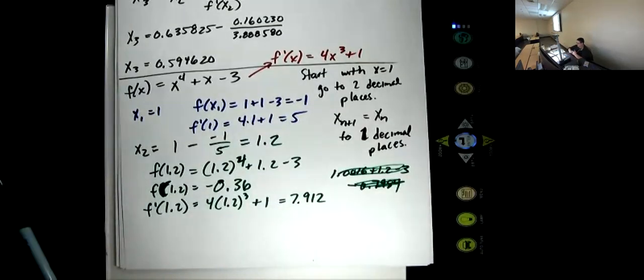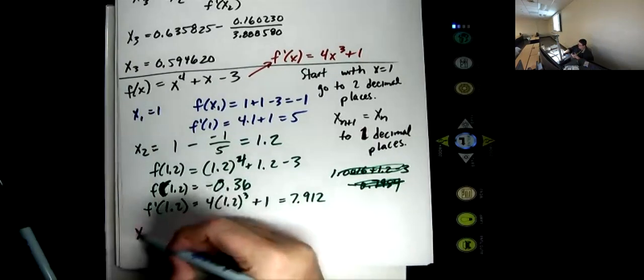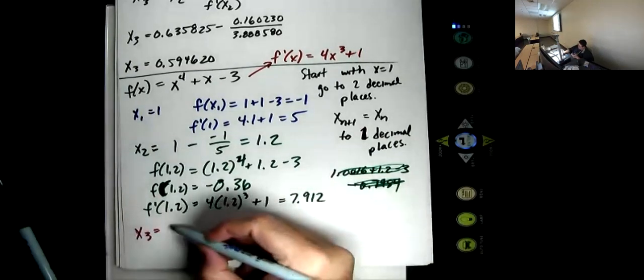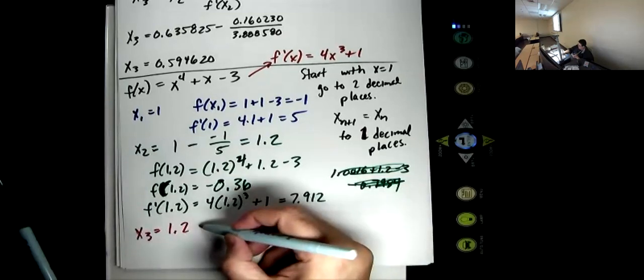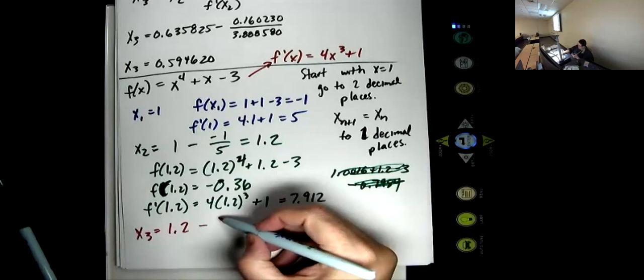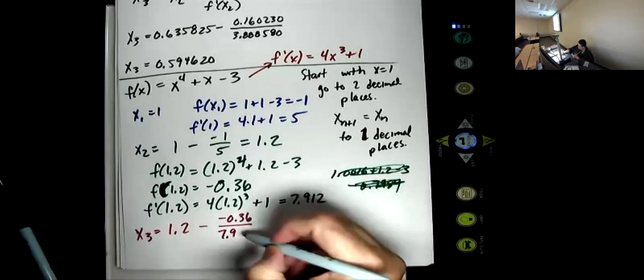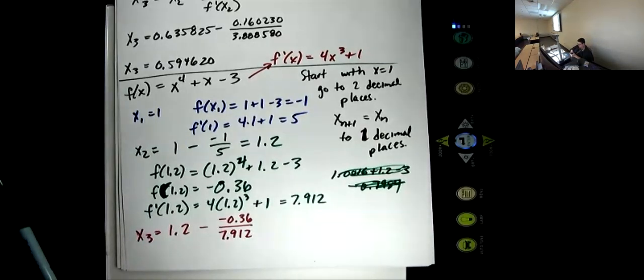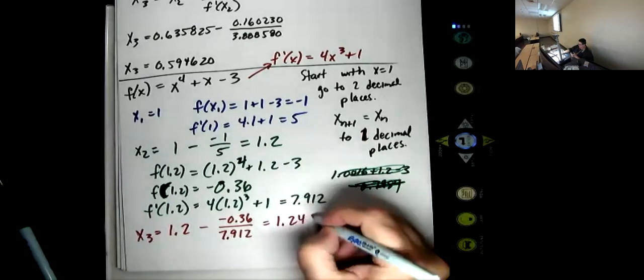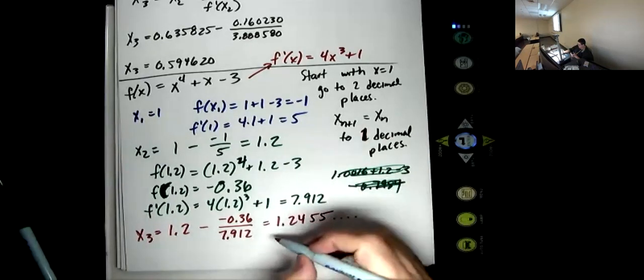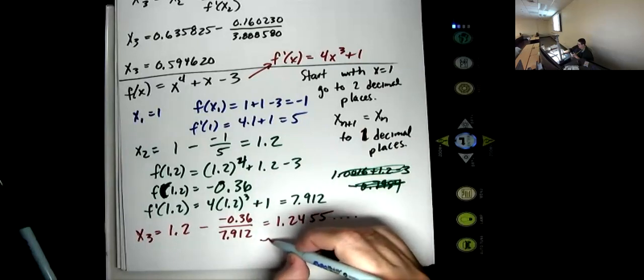Switch colors for x sub 3. x sub 3 equals x sub 2, which is 1.2, minus f of 1.2, which was negative 0.36, over f prime of 1.2, which was 7.912. Which is 1.2455. So to 2 decimal places or 1 decimal place, 1.2.